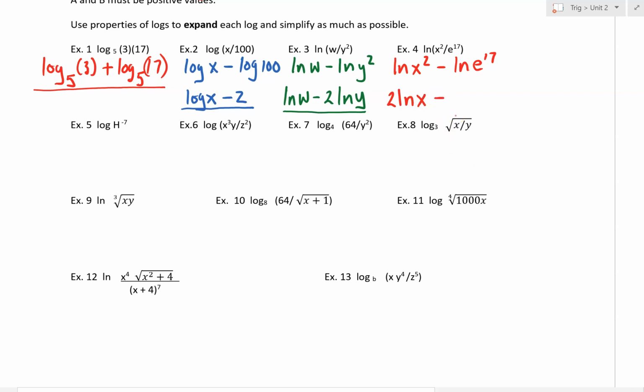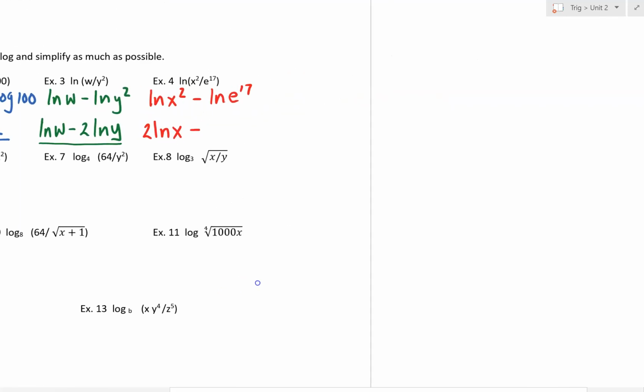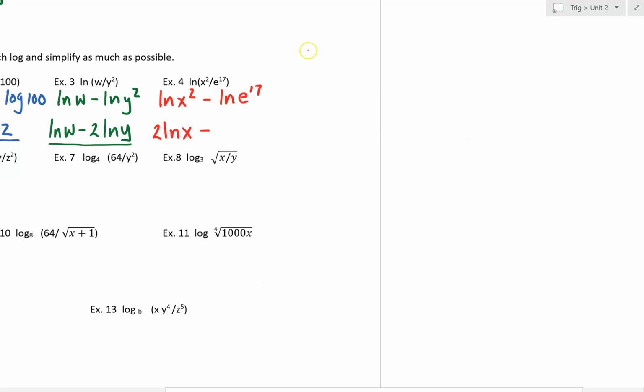The next one has a natural log of e to the 17th. Now, keeping in mind, I'm going to do this over to the side here. The natural log of e to the 17th means I can move the 17 to the front. And when we say natural log, we are really saying log base e of e. So if I'm just looking at log base e of e, it's going to tell me the following. e to what power gives me e?